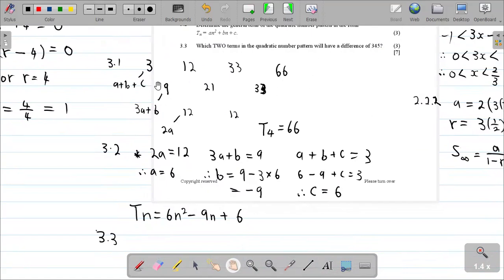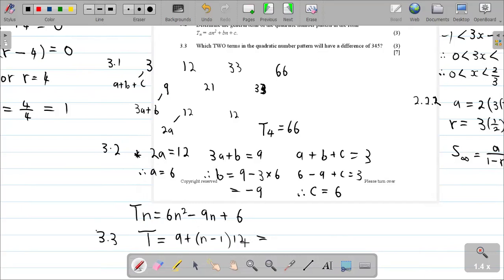Because there's a constant difference here, the first difference of 12, Tn here will be 9 plus n minus 1 into 12.